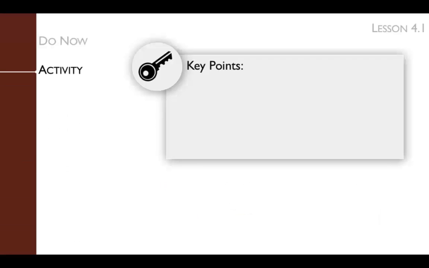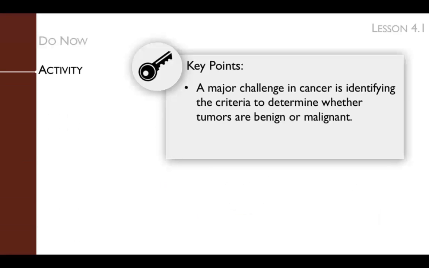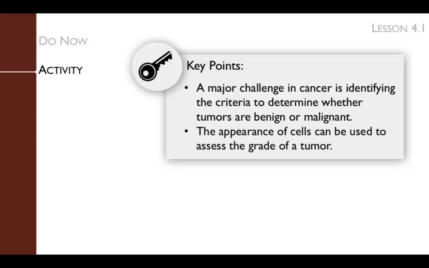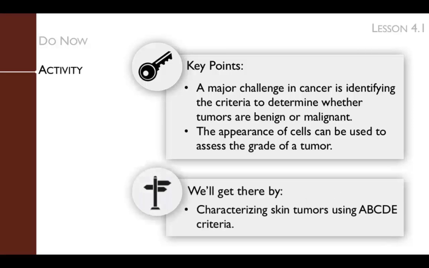The key points of the activity are that a major challenge in cancer is identifying the criteria to determine whether tumors are benign or malignant. The appearance of cells can be used to assess the grade of a tumor. We'll get there by characterizing skin tumors using the ABC criteria.